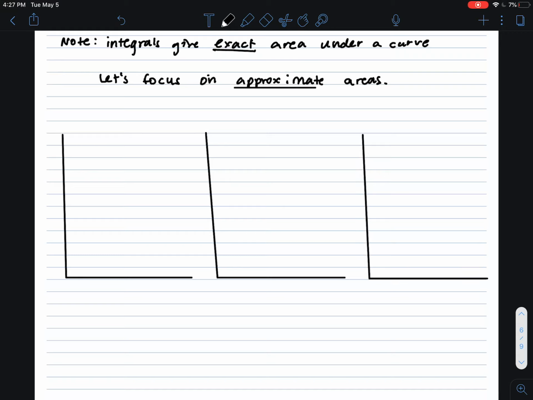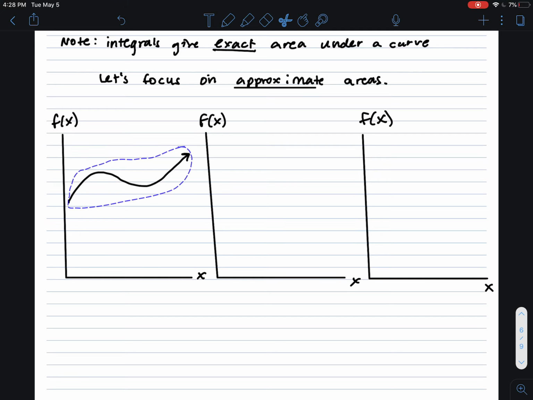Pretend these are all right angles. Anyway, okay, let's say this is f of x and x, f of x, f of x, and x. Okay, so if I were to draw some graph, we're going to have it look like this. And I'm going to go ahead and copy that so we have it on all of them.